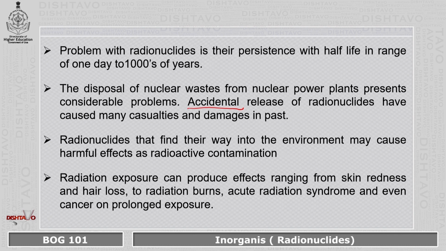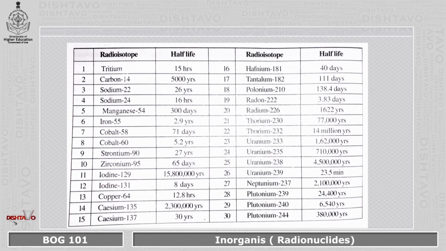Radionuclides that find their way into environment may cause harmful effect and cause radioactive contamination of the surrounding. Radiation exposure can produce effects ranging from skin redness, hair loss, radiation burns to acute radiation syndrome, and even cancer on prolonged exposure to radiation.